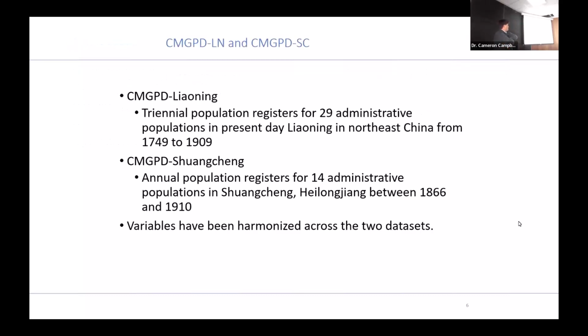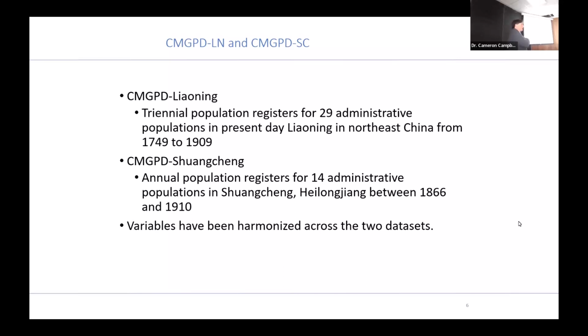The first one is the CMGPD, China Multi-Generational Panel Dataset Liaoning, which has triennial population registers for 29 administrative populations in present-day Liaoning in northeast China between 1744 and 1909. And then Shuangcheng has annual population registers for 14 administrative populations in Shuangcheng County in Heilongjiang, not far from Harbin, between 1866 and 1910.